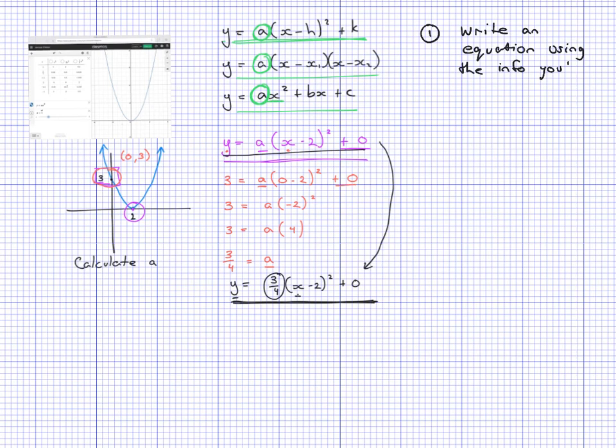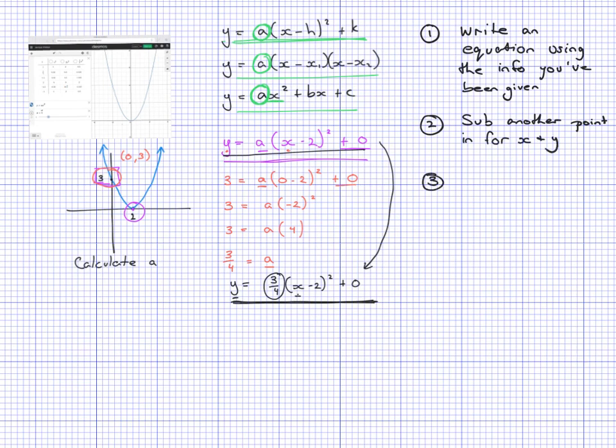Step 2 is to sub another point in for x and y.